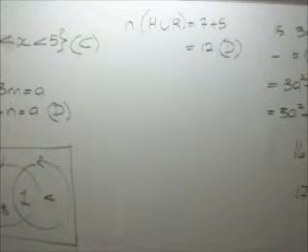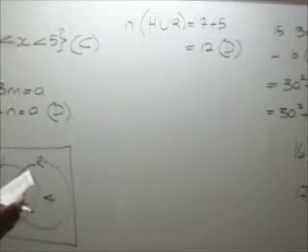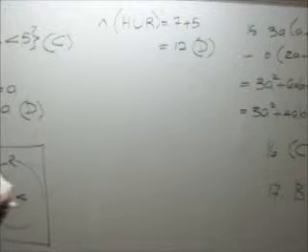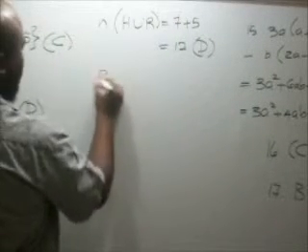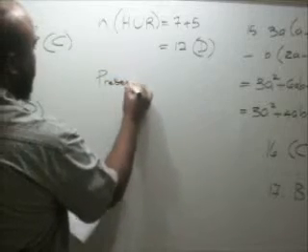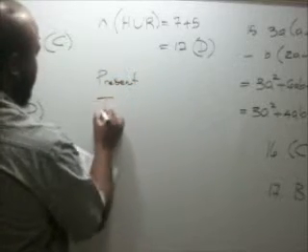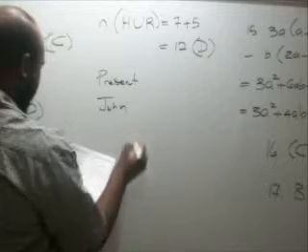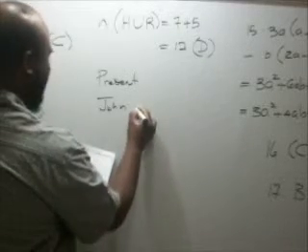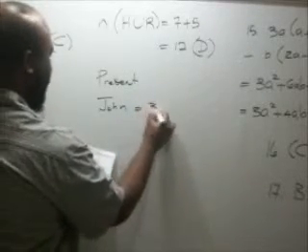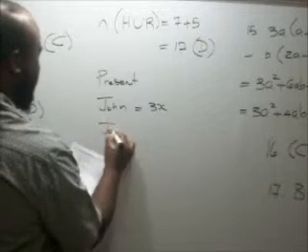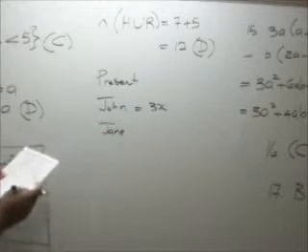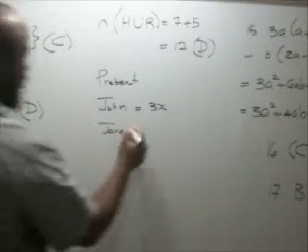Alright, question 21 says, if John's present age is 3x years and Jane is twice his age, so we have John, so we're talking about the present, we have John and his age is 3x, and we have Jane, and we're told that Jane is twice his age, so that's in the present.